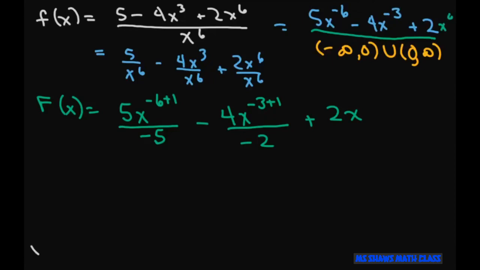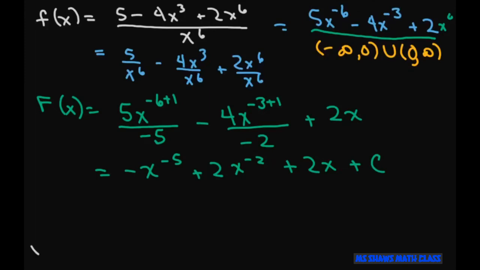All right. So cleaning this up, we're going to get negative x to the negative 5. Two negatives here make a positive. So it's going to be plus 2x to the negative 2 plus 2x plus c.